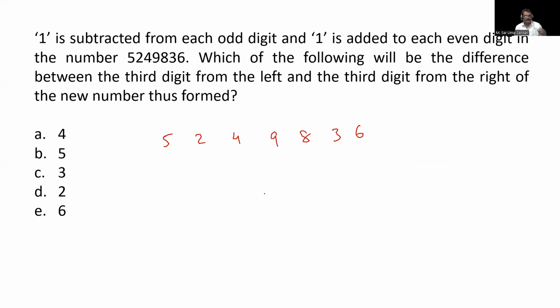See, what is the question here? 1 is subtracted from each and every odd digit and 1 is added to each even digit. Subtract 1 from the odd digit, add 1 to the even number, and so on.